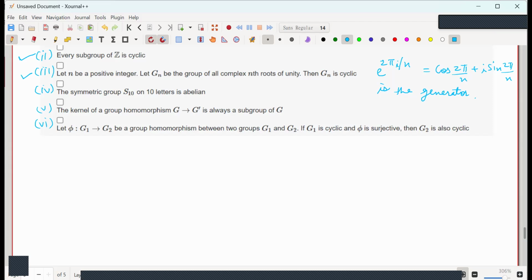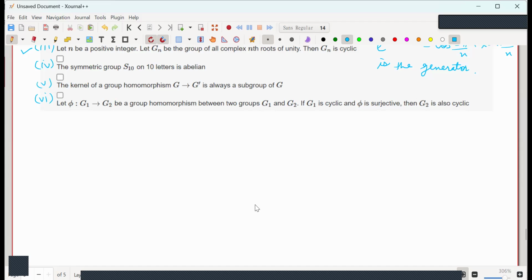Okay. Is it abelian? Pranjana, you were saying no. Can you justify? Yes, I can give a counterexample. The composition of (1 2 3) and (1 2) is not the same as the composition of (1 2) and (1 2 3).